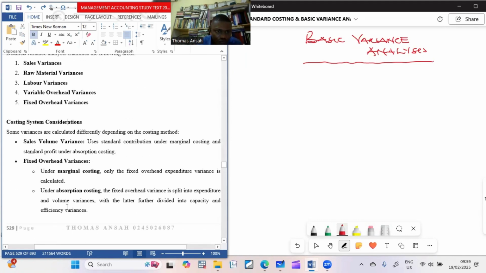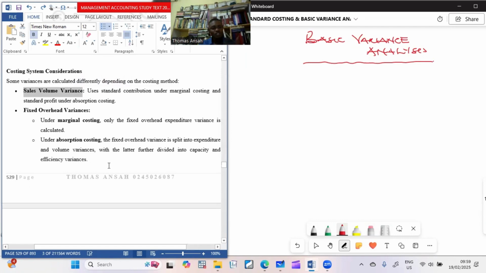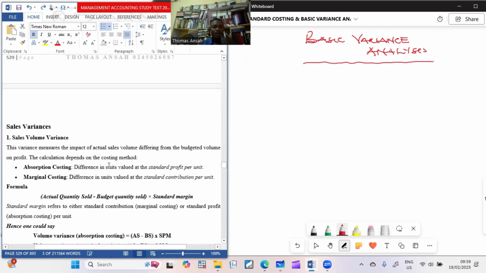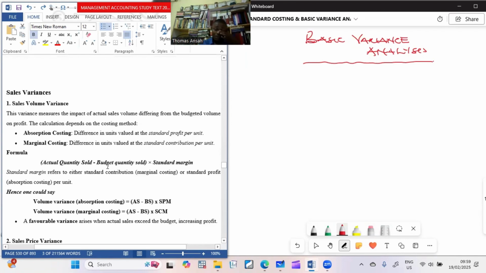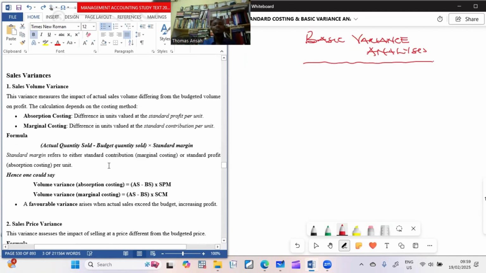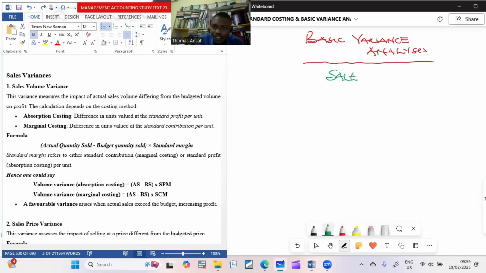Of course, like I said, we have the sales volume variance. So the costing system consideration. So these are theories that you have to look at. But we now take the big thing. All right. Let's start with the sales variances, because every profit template starts with sales. So let's start with sales variances.